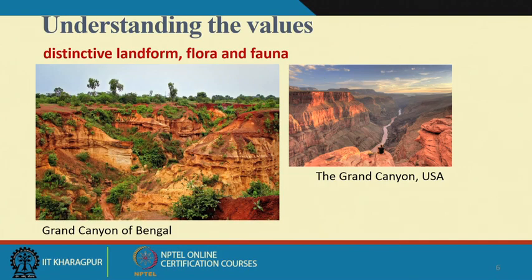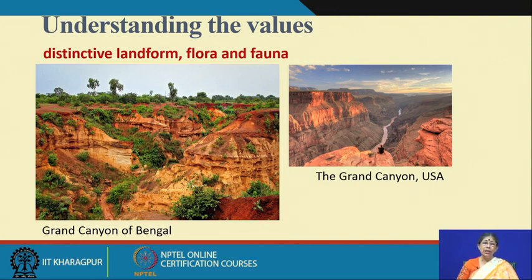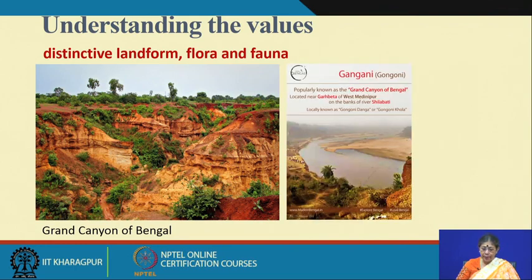For example, this is a place known as the Grand Canyon of Bengal, which has been formed by the same phenomenon: a particular river, Shilabati or Shilai, has created this type of landform. It is not widely known, only locally, and now people are trying to popularize it.